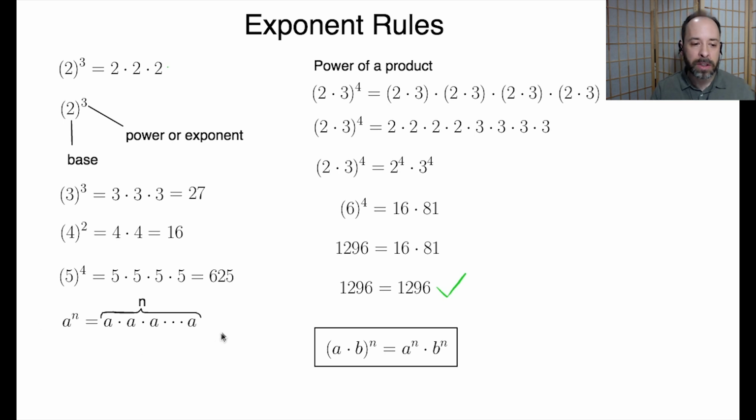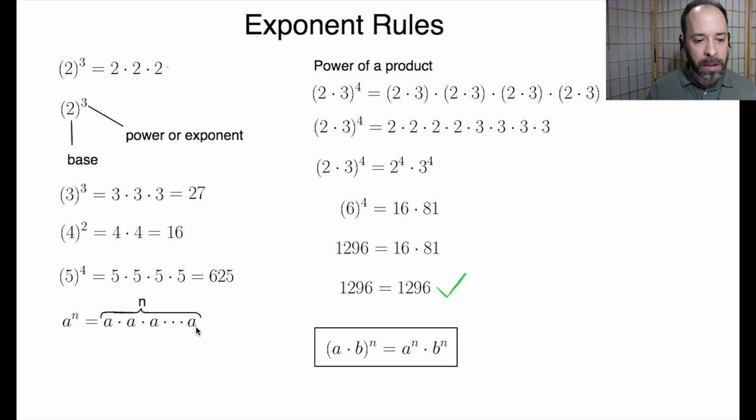A nice little notation to use in general when we're raising something to a power: maybe we don't know what the power is, but we want to express it as a variable. We're writing a to the power n. a is our base, n is our exponent.